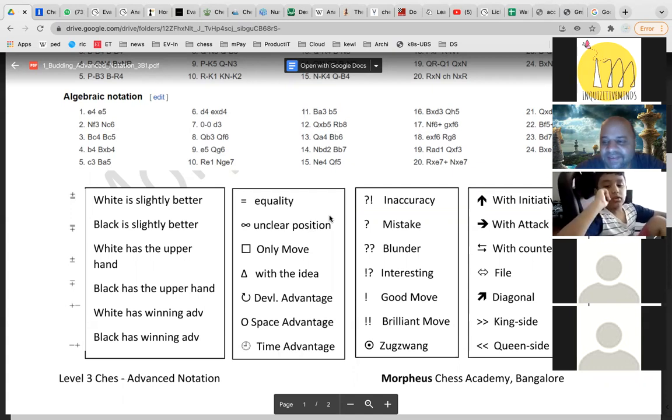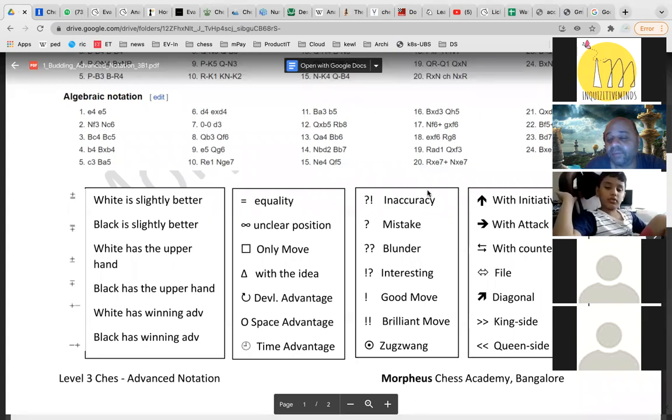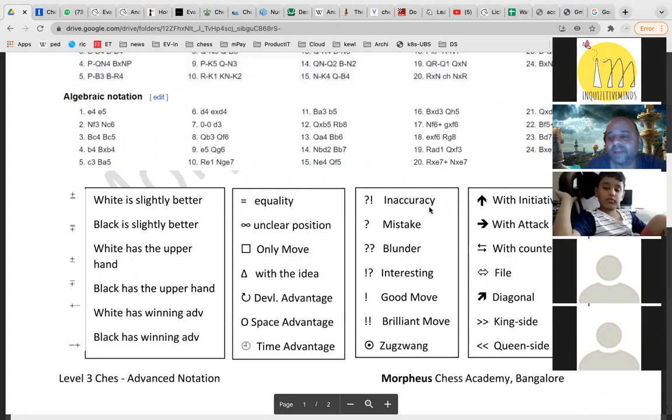Okay. So there are a lot of symbols, for the idea, development advantage, space advantage, time advantage. Then there are different symbols for every move, which can be a good move, bad move, etc. There are 6 symbols for it.